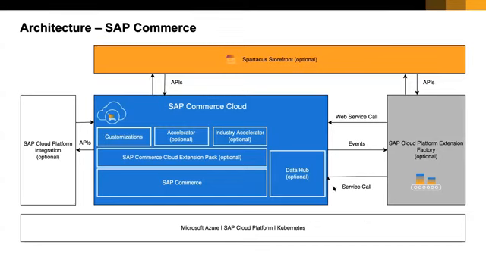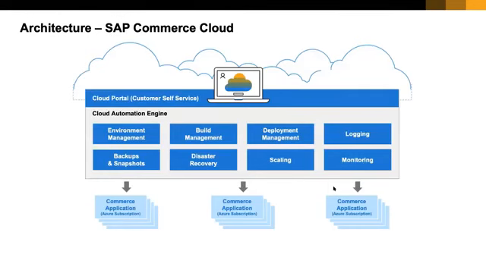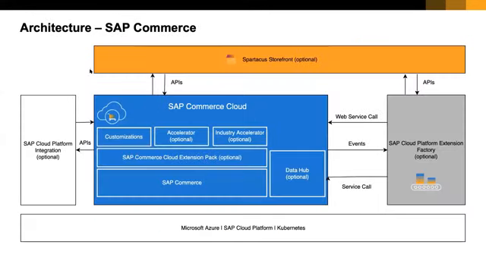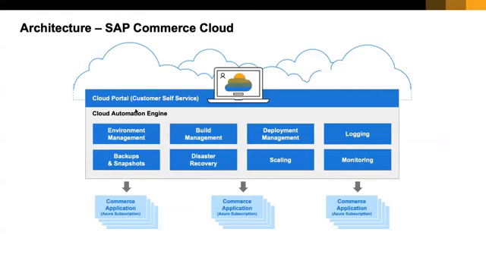So what is different then? As you can see, this is the high-level architecture of SAP Commerce Cloud in the public cloud, CCV2. These blue boxes are your own subscription, your own application. So this small blue box is actually this architecture, right? What you share is the Cloud Automation Engine.